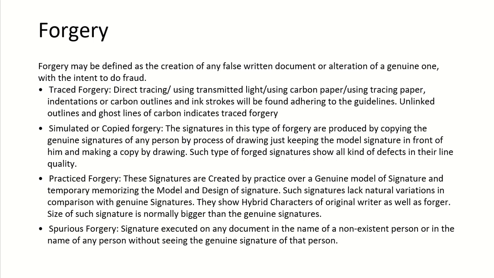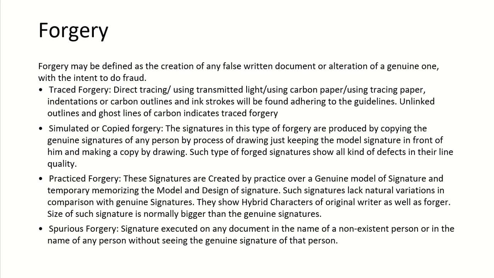Practiced forgery is one in which the person memorizes the model signature through practice and then does the forgery. In this type of forgery, natural variation is less or there is no natural variation. Hybrid characters are there, some characters of the original writer and some of the forger.